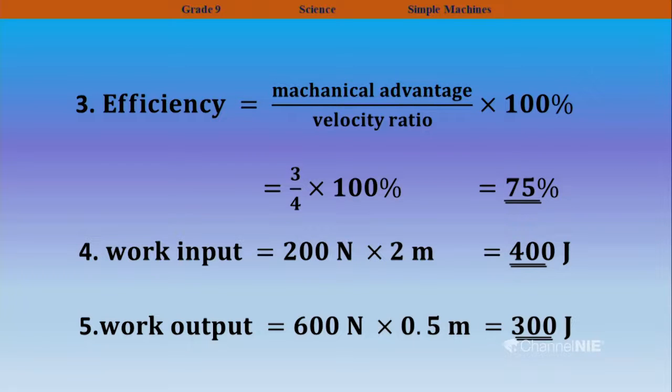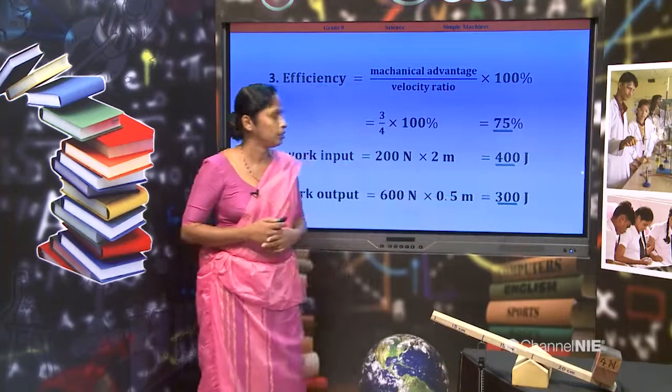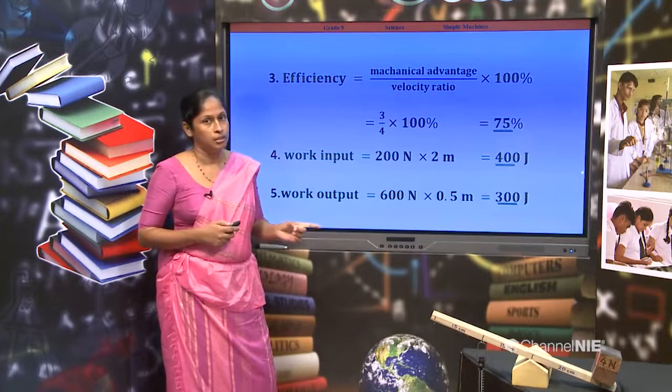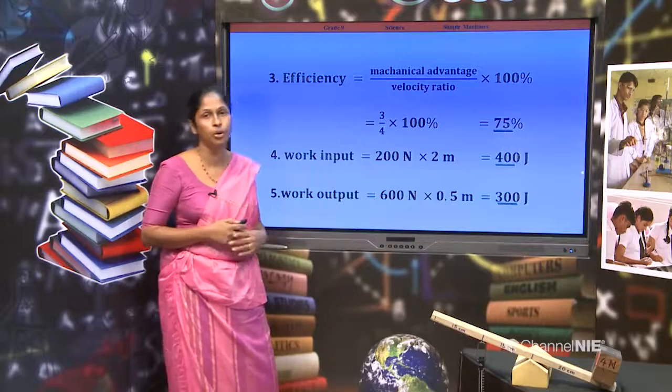To get the answer in joules, we have to use the displacement in meters. So, children, you have to handle the units very carefully. So, finally, we got 300 joules for work output.